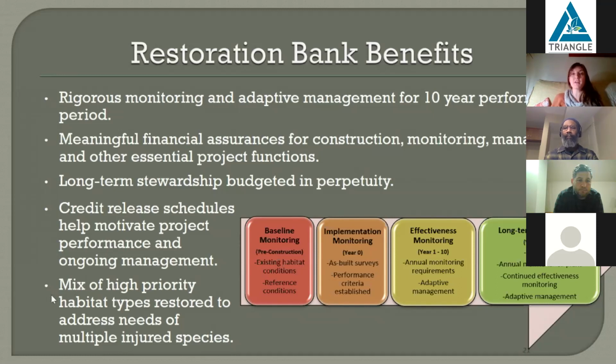Another big benefit that we're very happy to see with these projects, as you'll see when I get into some of the graphics and show you some maps of the projects, is that there is a combination of high priority habitat types that the sites are restoring to address the needs of multiple injured species.